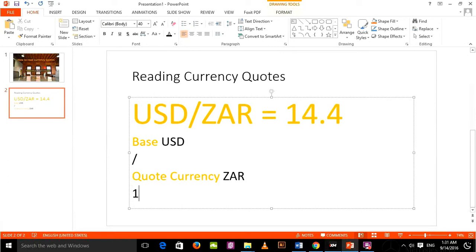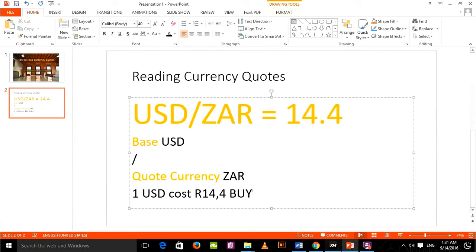Meaning that $1 will cost me 14 rands 40 cents to buy.